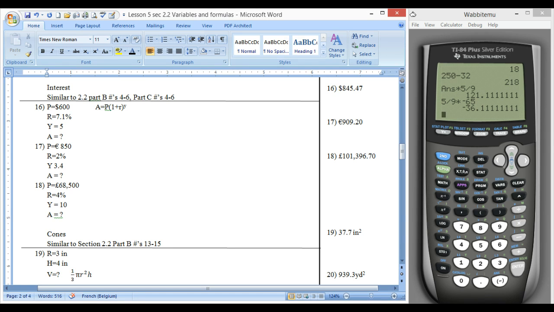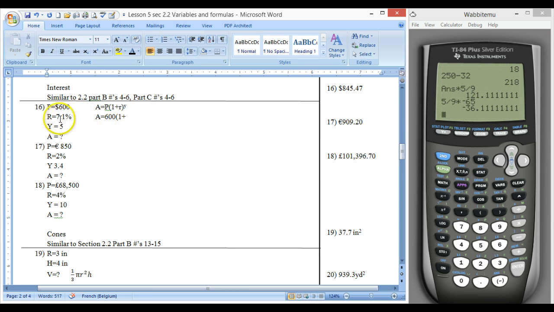Okay, so now I need the amount final equaling the principal, which is $600, times parenthesis 1 plus, in this case, rate is 7.1%, but I don't put a percent inside calculating something, so I need to change that to a decimal.